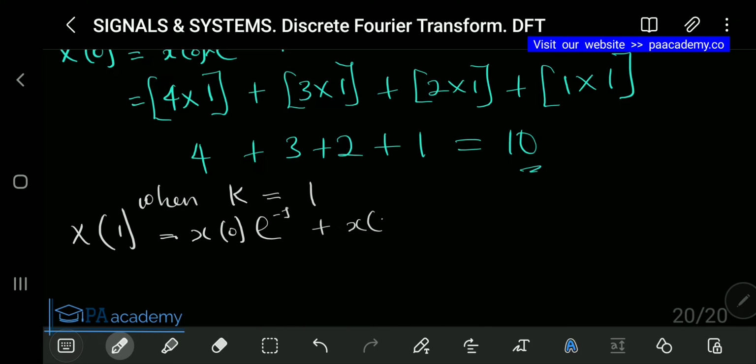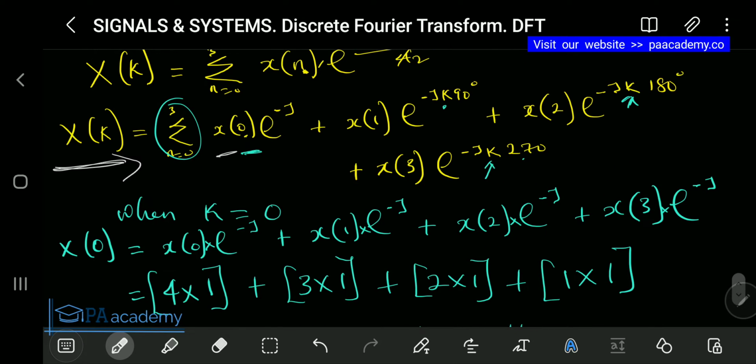plus x of 1. So now at this point, we already know that our k is 1. So if you put 1 here, we are going to have exponential minus 90 degrees. Since our k is 1. The reason, because unlike here, when our k was 0, that's why we just have exponential minus j. But now that our k is 1, that's minus j, then 1 multiplied by that 90 degrees. I hope that is clear.